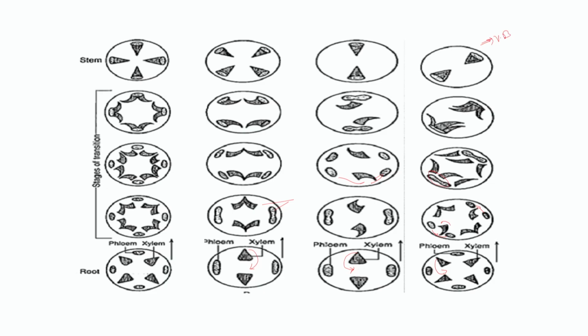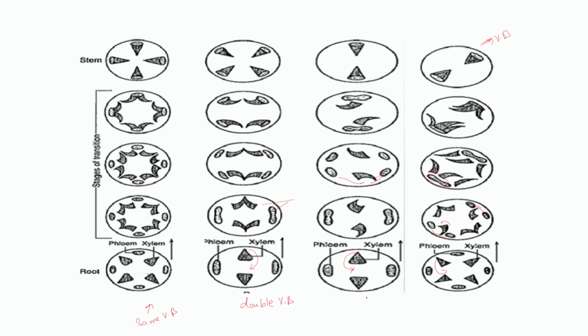So in this case the number of vascular bundles is reduced to half. So there are conditions where the number of vascular bundles is the same, and conditions in which it has been doubled. Okay, the number of vascular bundles is double, from 2 it has become 4.